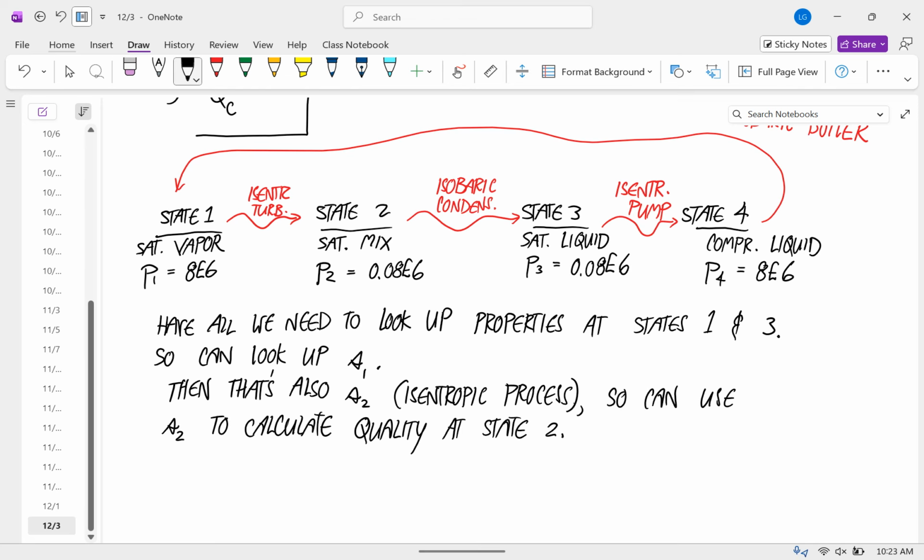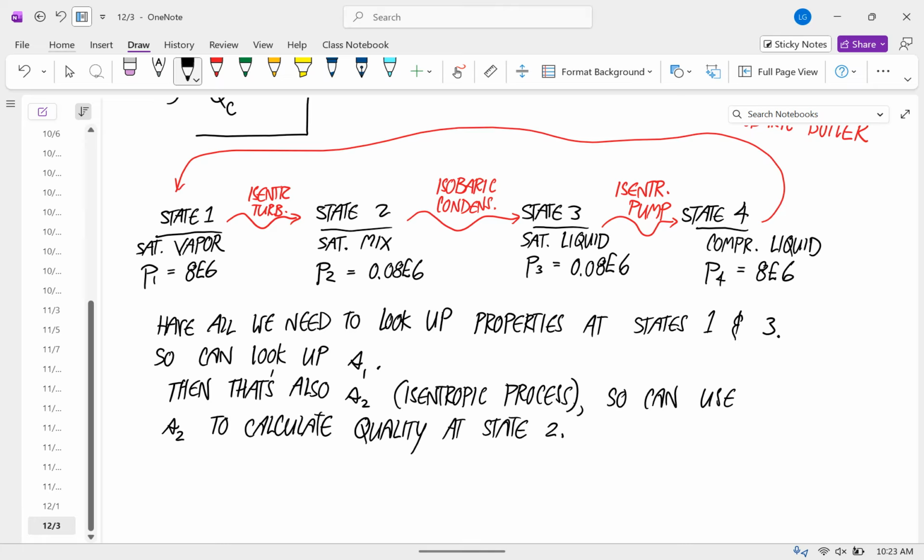Okay? It's the same thing with finding one of the properties at state 4 from state 3. For states 4 and 3, this is the one where you have two different options. You can either use the incompressible relations, or if you have a way to look stuff up, depending on what they give you.